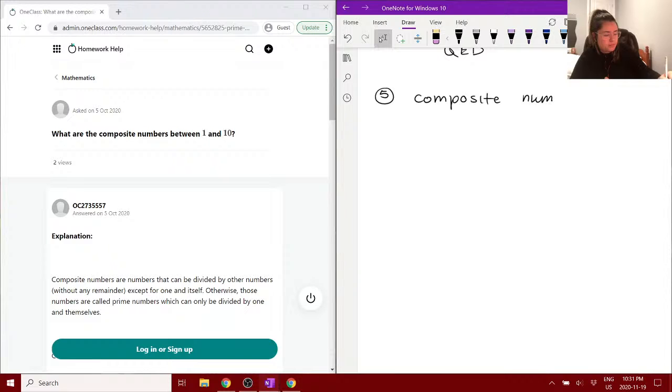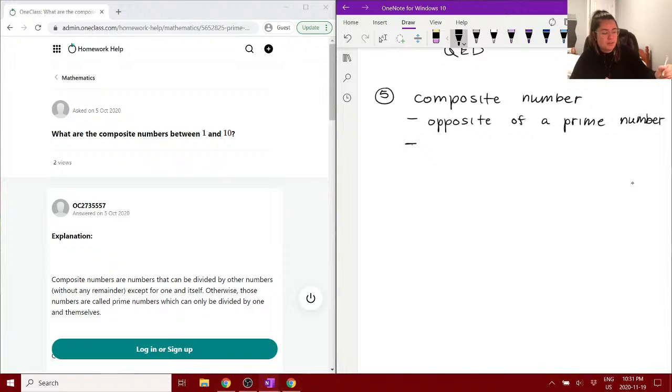Composite number. So essentially, a composite number is the opposite of a prime number. Opposite as an informal term, just a way to understand it, not necessarily mathematical opposite or anything like that.